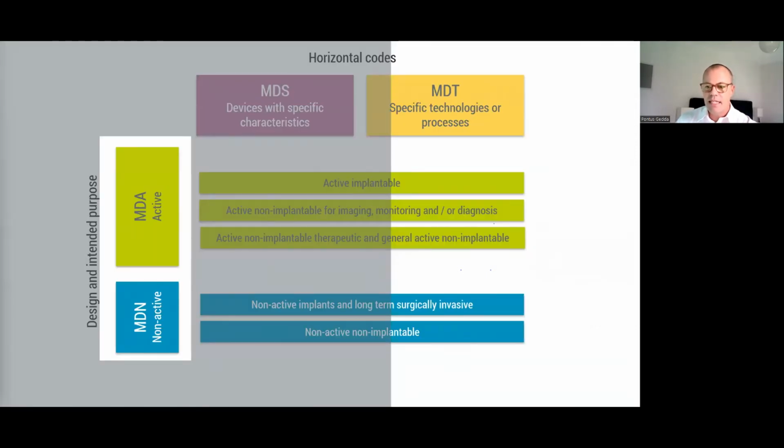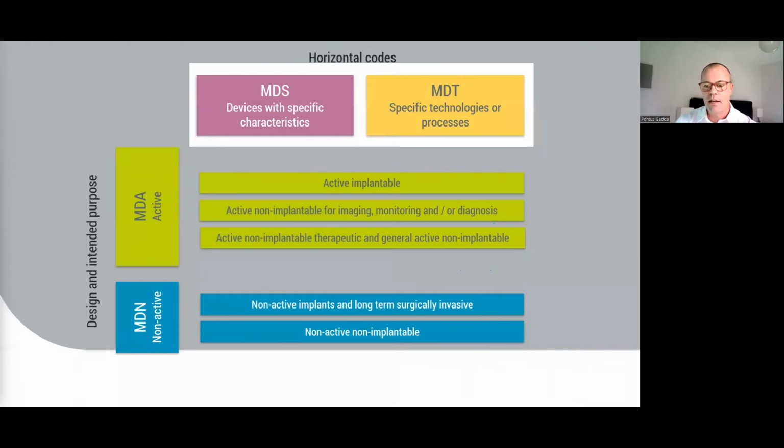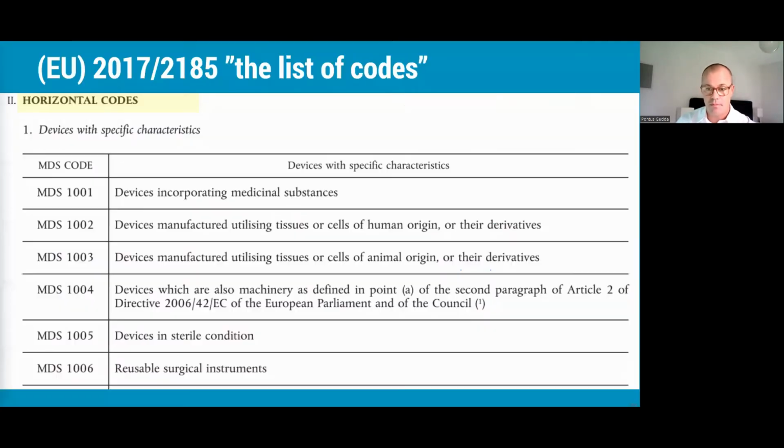And for each medical device, only one MDA or MDN code should be assigned. But when it comes to the horizontal codes, none or more codes should be applicable for each device, as I said earlier. And as we also know now, the horizontal codes are divided into two groups, MDS and MDT.